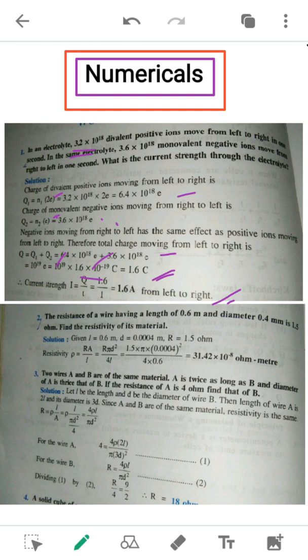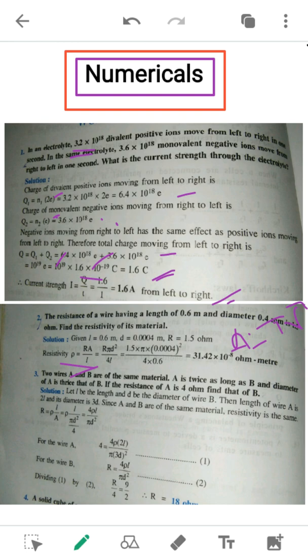The resistance of a wire having a length of 0.6 meter and diameter 0.4 millimeter is 1.5 ohm. Find the resistivity of its material. Given L equal to 0.6 meter, D equal to 0.004 meter, R equal to 1.5 ohm. So what is the resistivity equation? rho equal to RA by L. A, as it is of circular dimension, is pi r square.